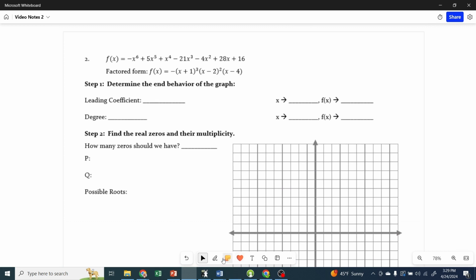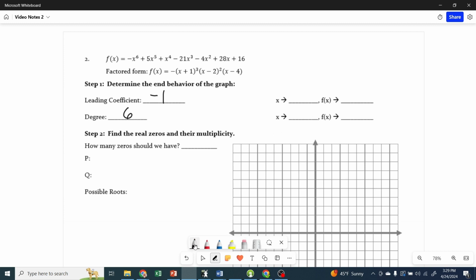So now, as we go through and analyze, lead coefficient -1. The degree is 6, so this is an even degree function, which means we're going to be finishing in the same direction for both of them.